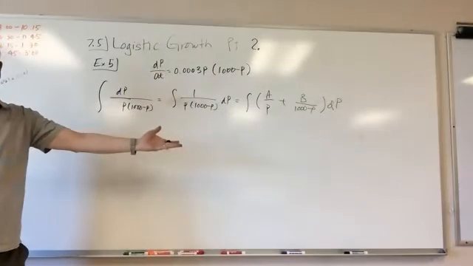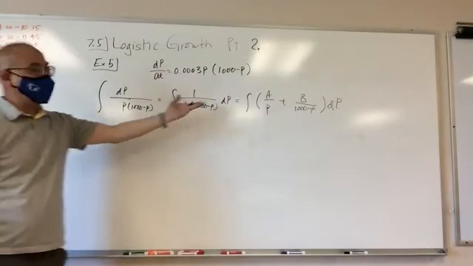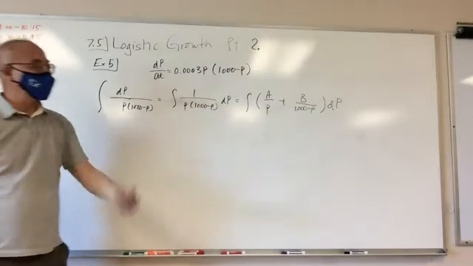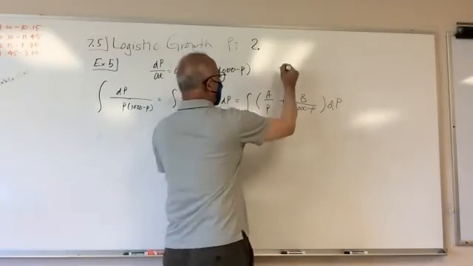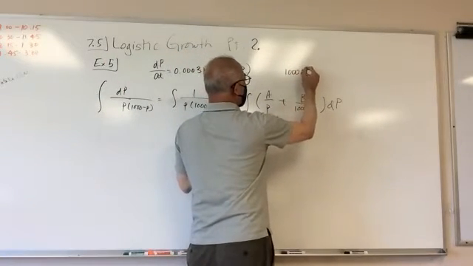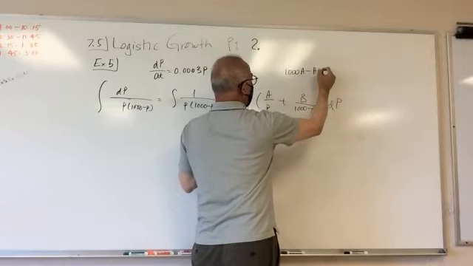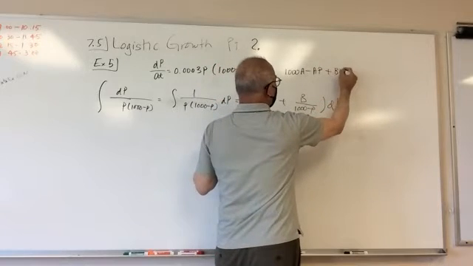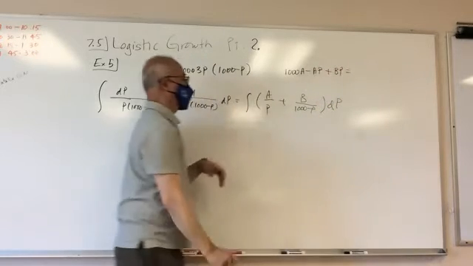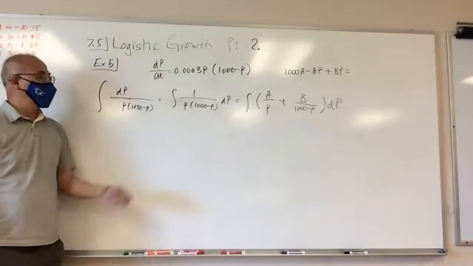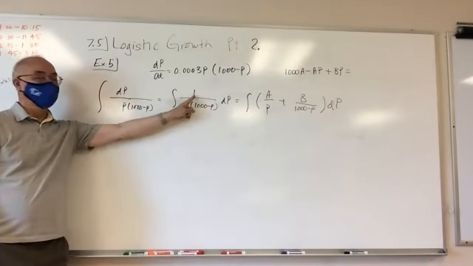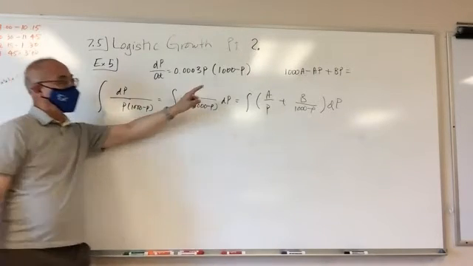So I have to solve for A and B, just like we did before. Cross multiplying, I get 1,000A minus AP plus BP is equal to 1.